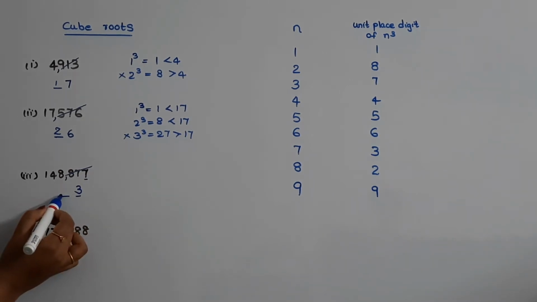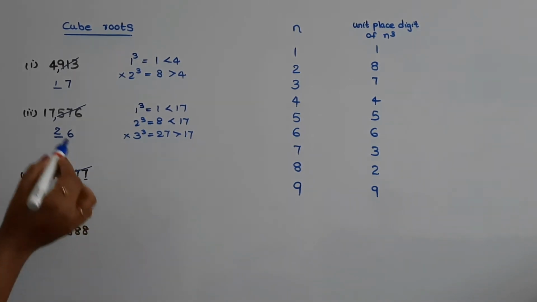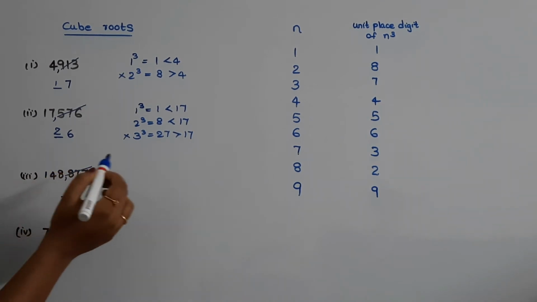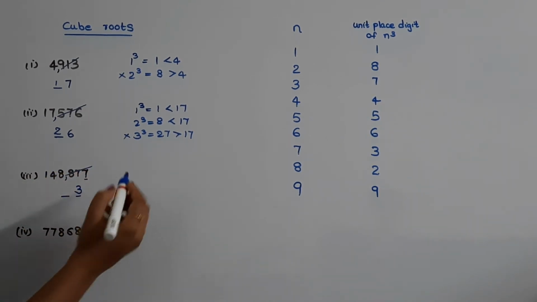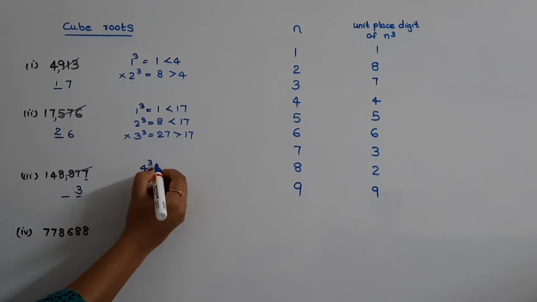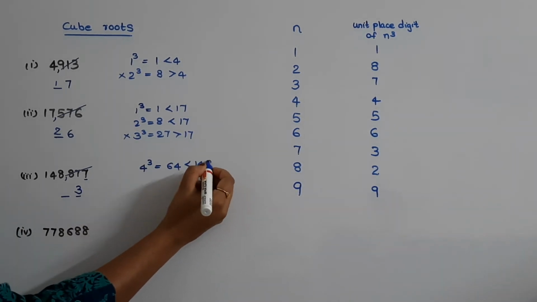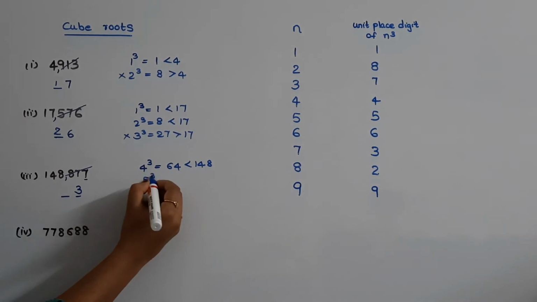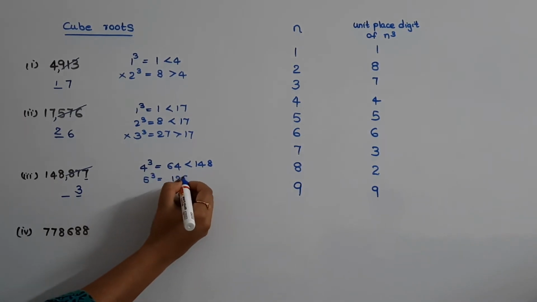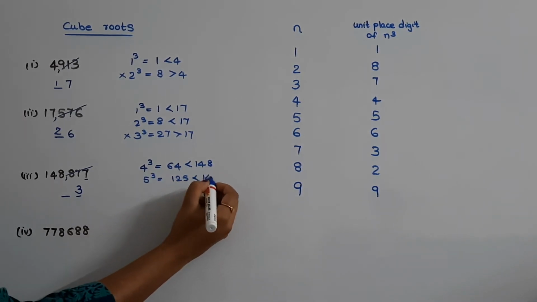Now this number will be the largest number whose cube is less than 148. 4 cube is 64, it is less than 148. 5 cube is 125, that is less than 148.